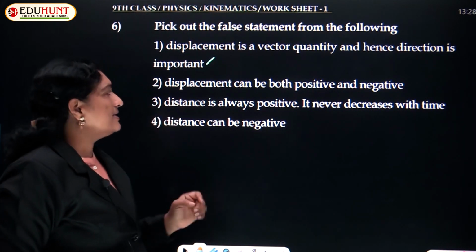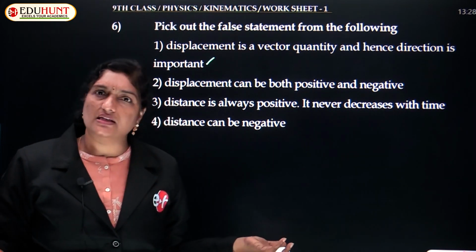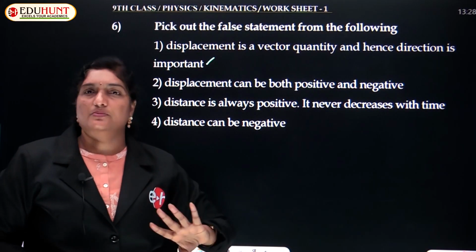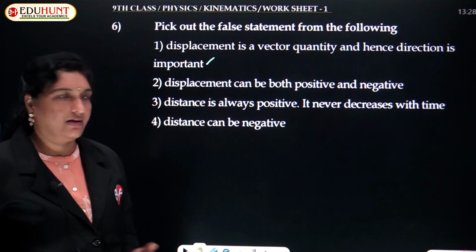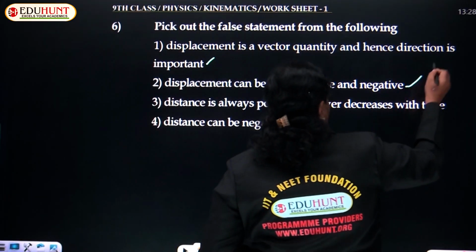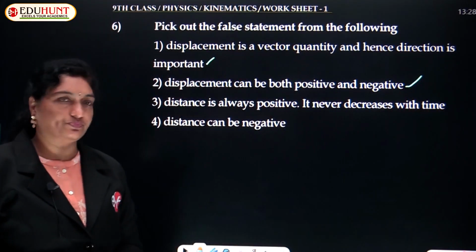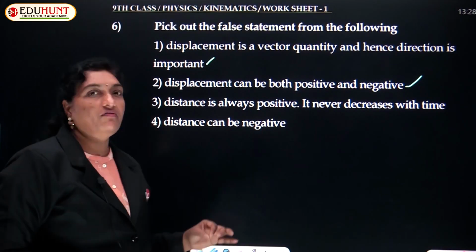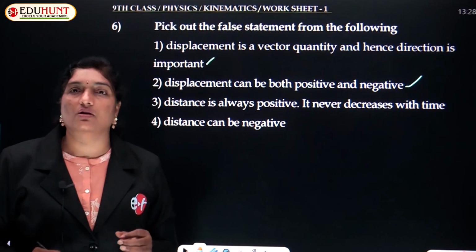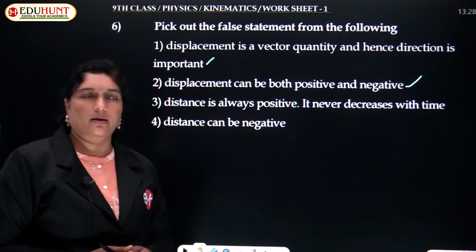Moving to the second one, displacement can be both positive and negative. Of course, displacement can be positive values as well as negative values, or can be 0. Even the second statement is also true. Moving ahead with the third one, distance is always positive. Okay, that's true.